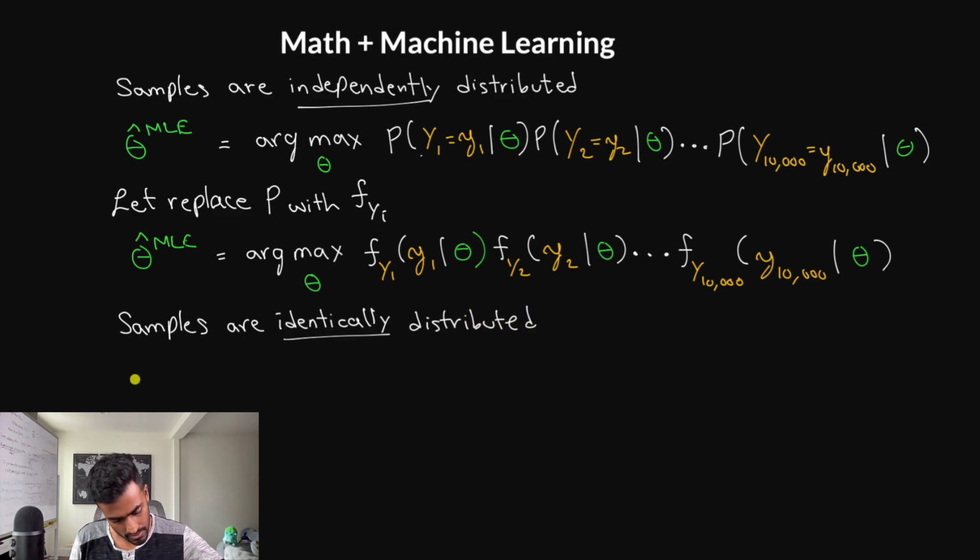And from a mathematical notation standpoint, it'll be the exact same as the previous statement that we wrote right here, but we are only going to change the subscripts so that they all match each other.